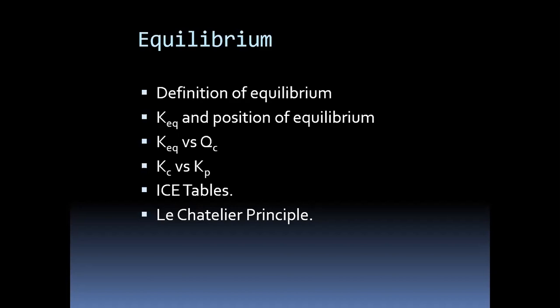We said that a lot of times we work with gases, and rather than measure concentrations, we measure pressures. So you should be able to do conversions between Kc and Kp. And many times the questions have to do with, okay, if a system is at these concentrations and we let it go to equilibrium, what is going to be the concentration of this particular component if the equilibrium constant is this, and whatever, right?